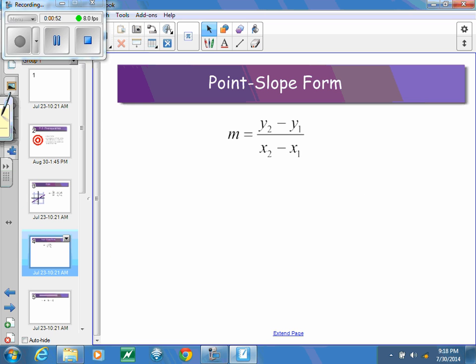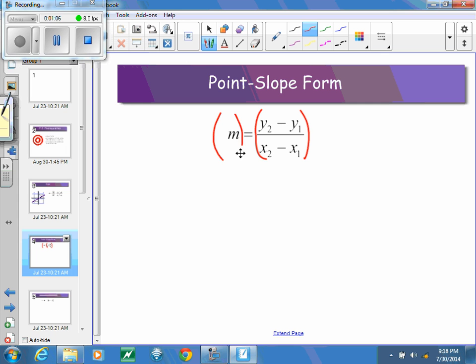Point slope form is one that's not used so much, but really all it does is it comes exactly from the slope formula. And what it's doing here is it gets rid of the fraction, so it multiplies both sides of the equation here by x2 minus x1.